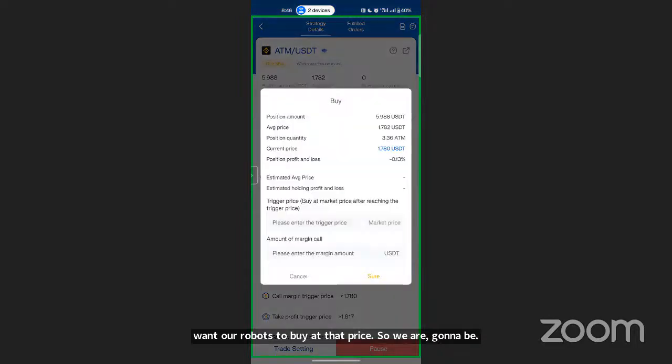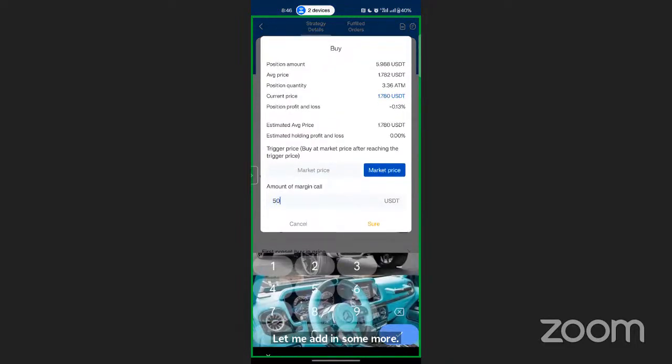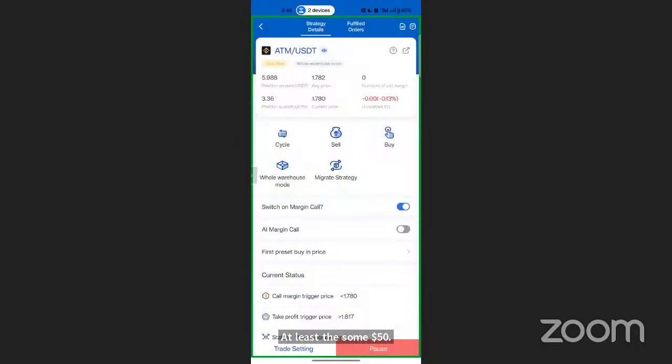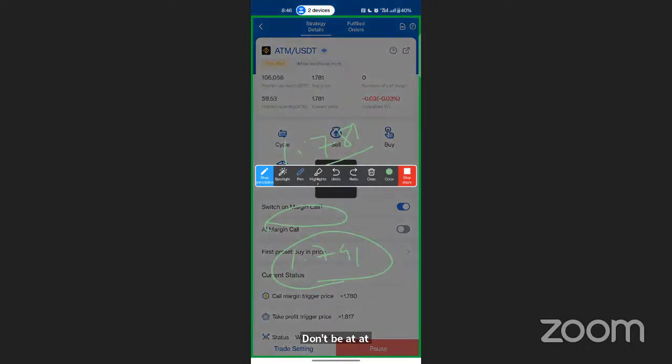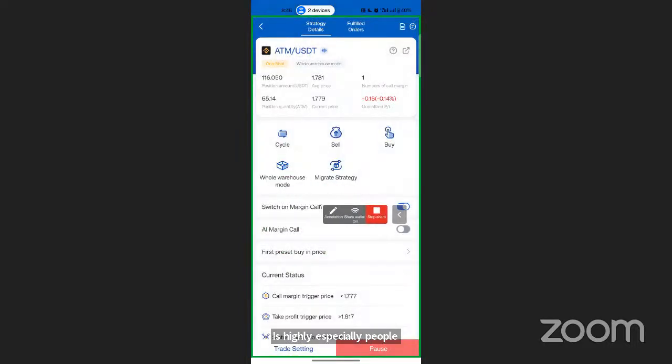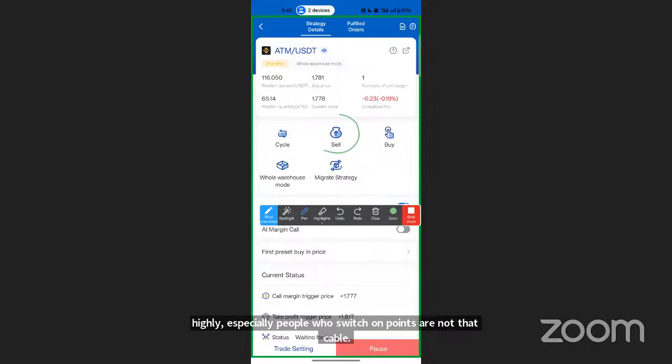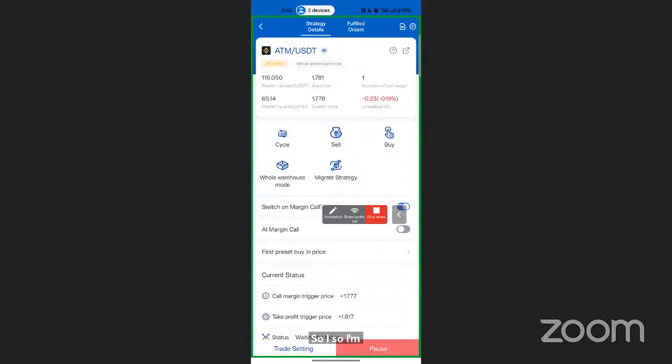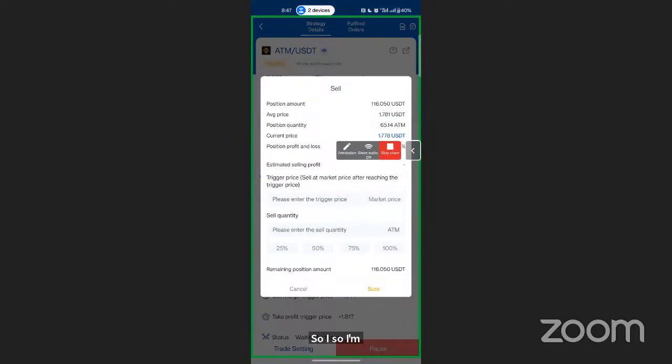Let me add in some more. At least $50. Okay, at least 100. Don't do it at home. It's highly risky, especially people who sweat on coins. I'm not that caliber. So I'm going to tap on sell under market price.